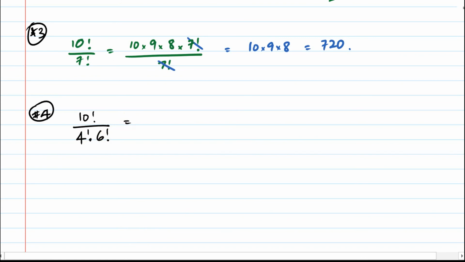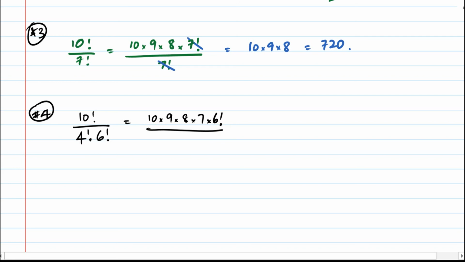Alright, in doing this and expanding the numerator, which has the larger factorial, I can peel off as many of the numbers as I can until I get to the larger of the two denominators. So 10, 9, 8, 7, and 6 factorial.